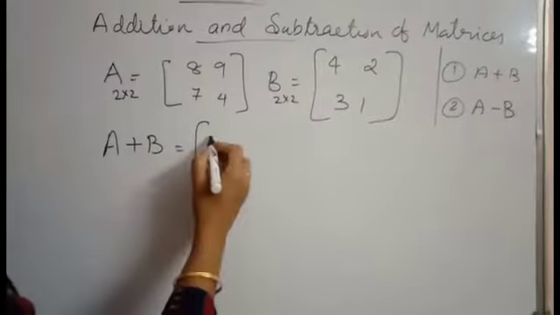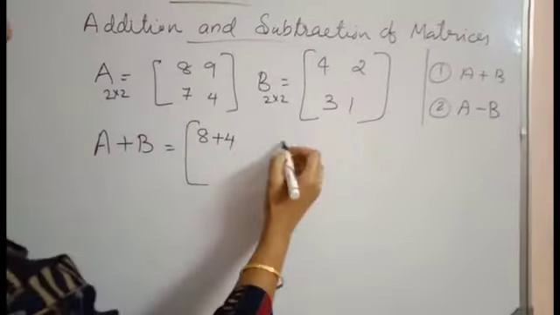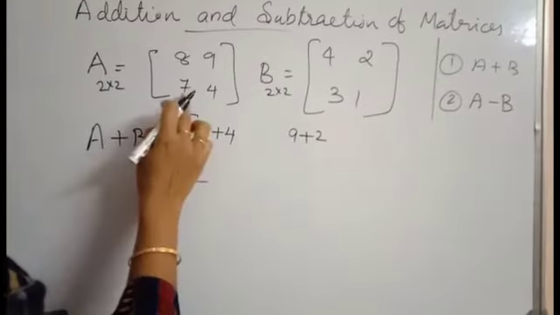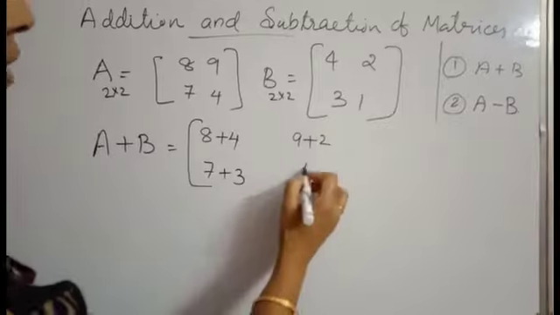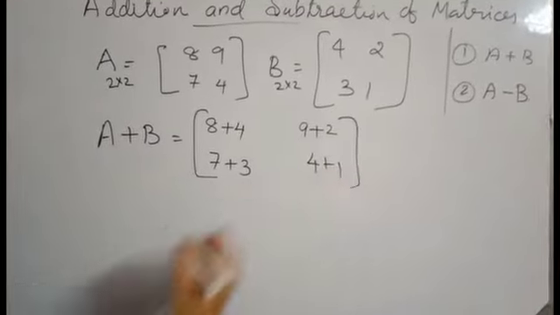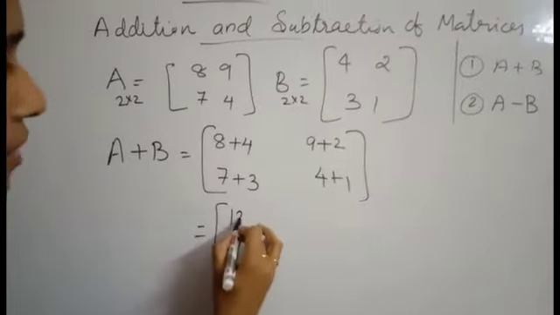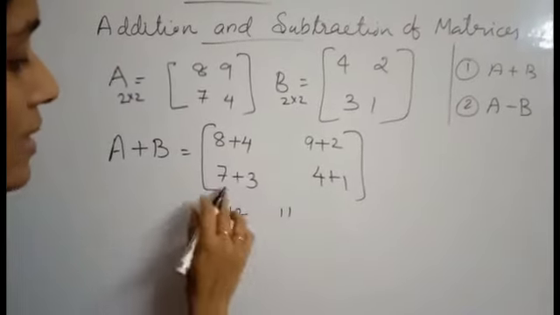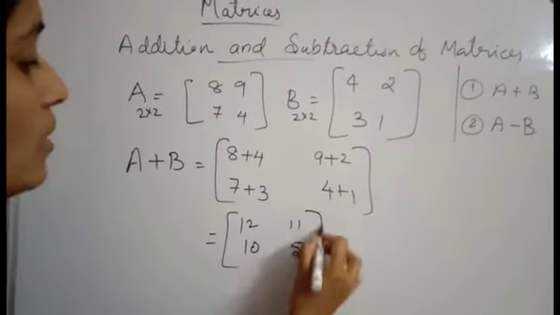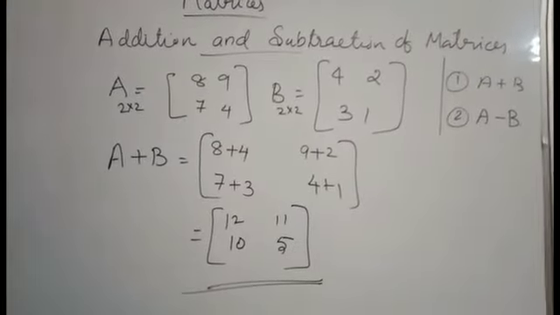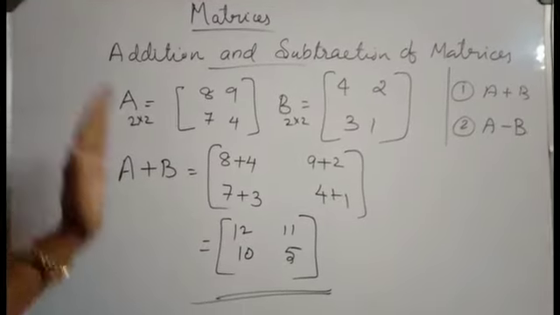So when you are adding, you write 8 plus 4, 9 plus 2, 7 plus 3, 4 plus 1. This is how you can find the sum of two matrices. So 8 plus 4 is 12, 9 plus 2 is 11, 7 plus 3 is 10, 4 plus 1 is 5. This is the matrix A plus B. This is how the addition of matrices can be done.